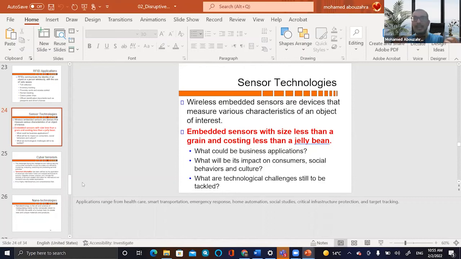So sensor technology means creating small circuits or chips and embedding these chips into objects or locations so that we can receive information from this object or from this location. In business, as I mentioned, they are heavily used in manufacturing and in finding defects in merchandise or products.